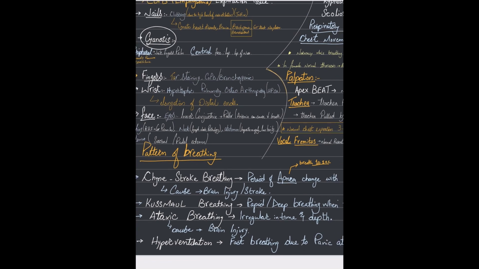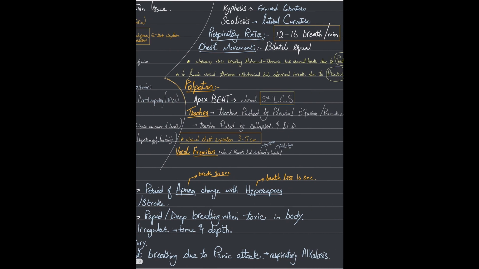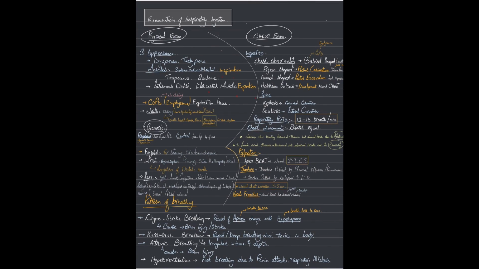Ataxic breathing, irregular in time and breath. It's going to be fast and irregular due to brain injuries. And hyperventilation, fast breathing due to panic attack and non-respiratory causes. So these are key points about the patterns of breathing, and these are important points you have to understand from the exam point of view.